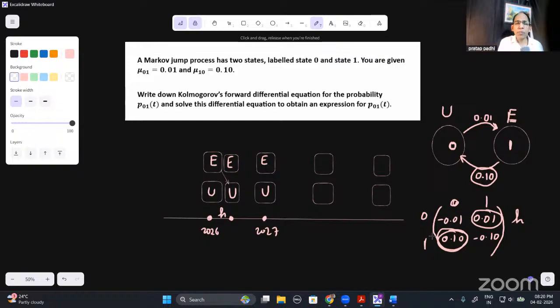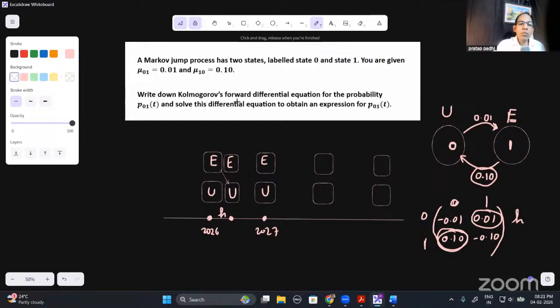For a small interval probability, you multiply by h. Suppose h is 1 second, or 1 minute, you have to multiply with this. That way you can interpret probabilities, but these are not probabilities. These are transition intensities, force of transition, you can say, like force of mortality.